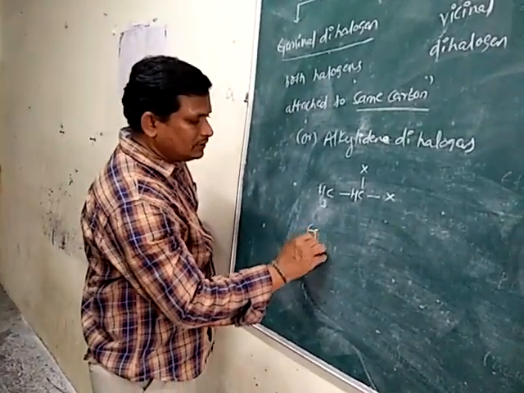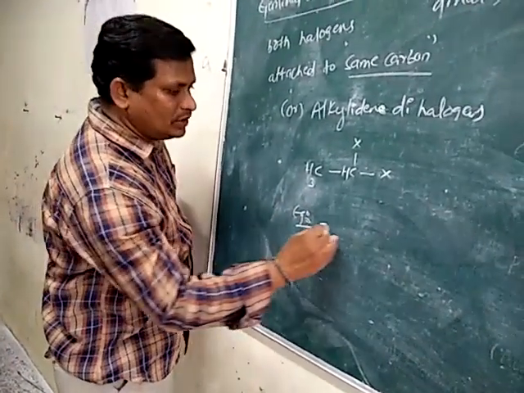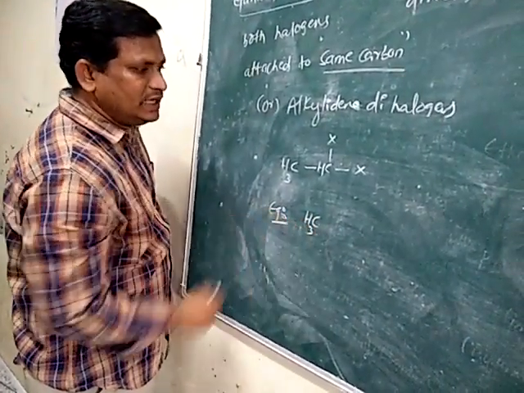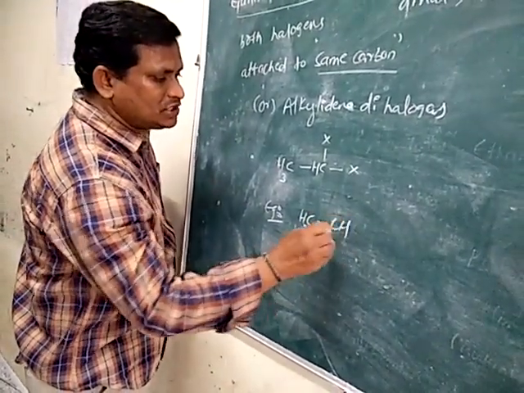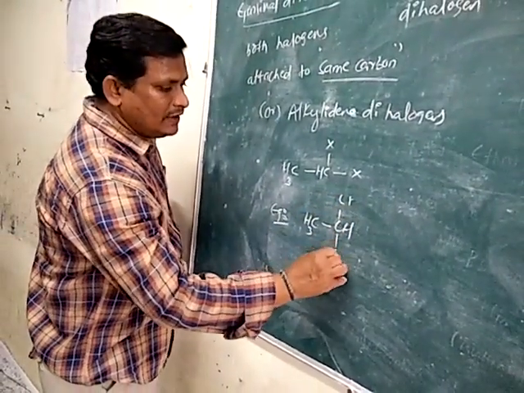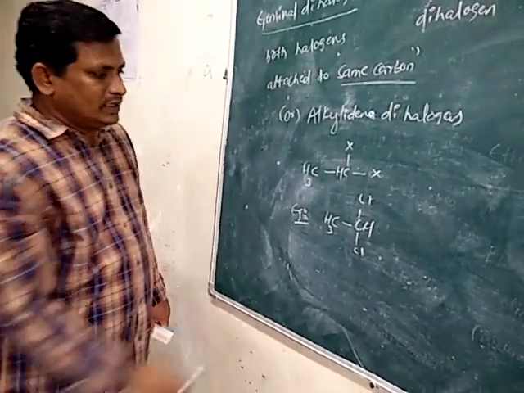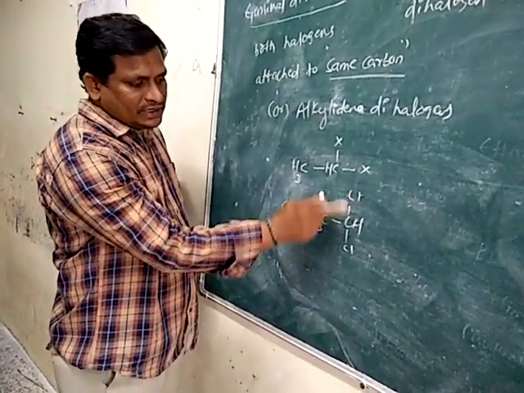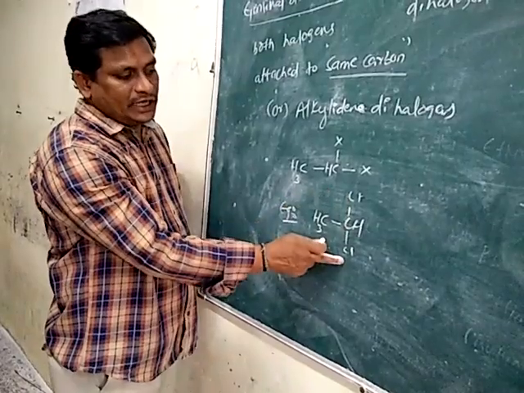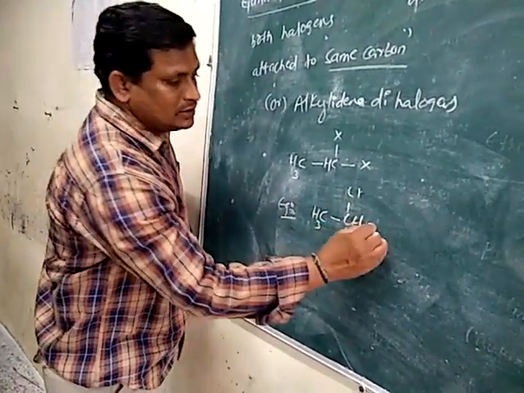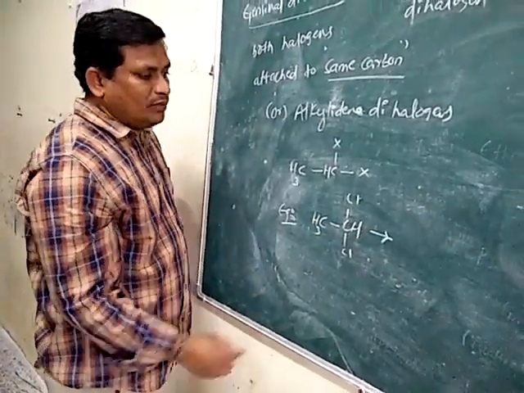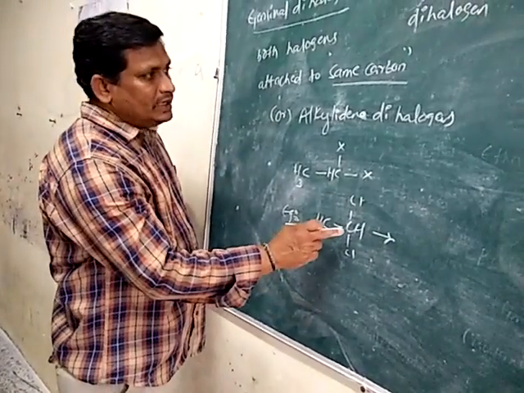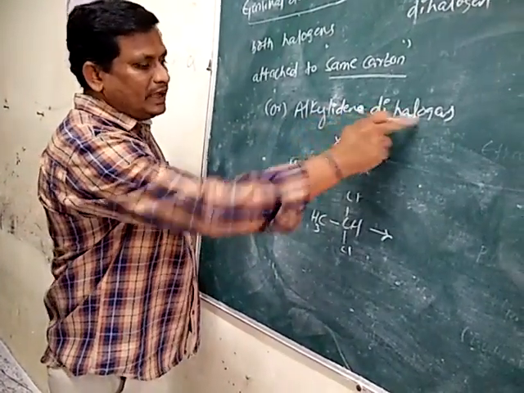It is explained with one suitable example: CH3, CH, Cl, Cl. Now two chlorines, that is halogens, are attached to the same carbon. So the name of the compound is an alkylidene dihalide.